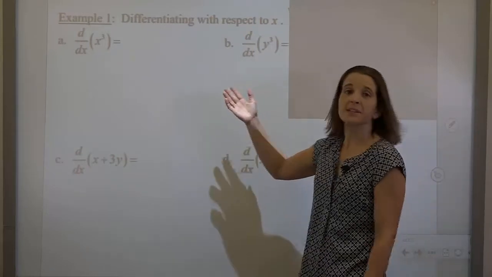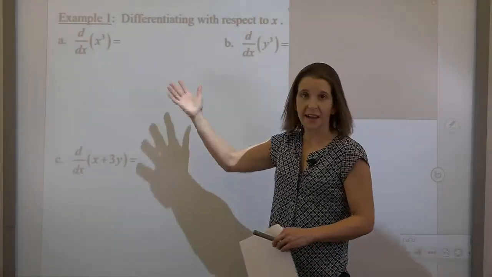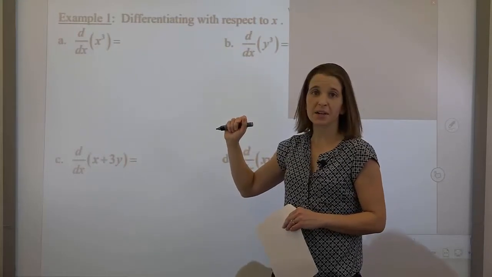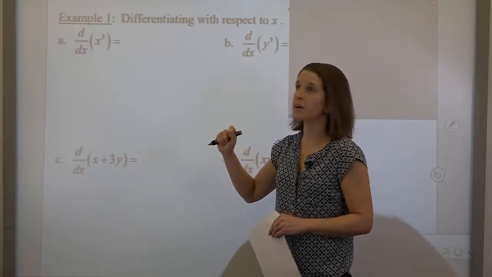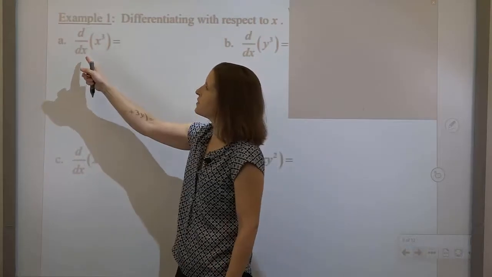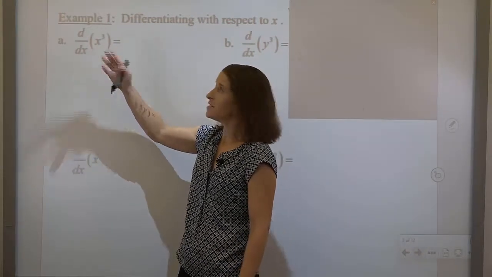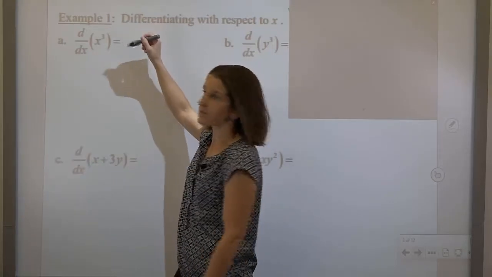So if I want to take a derivative of an x, nothing is going to change. And the notation is going to become even more important. Notice it's the derivative with respect to x, and these are x's, and so I can go ahead and take that derivative.